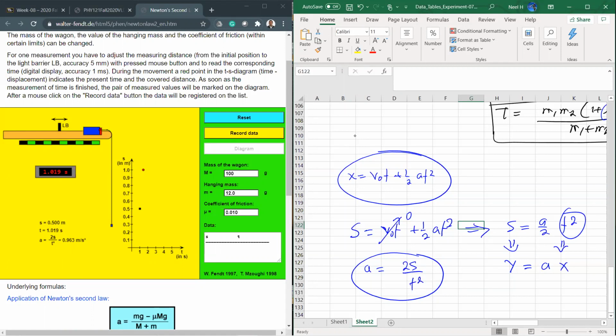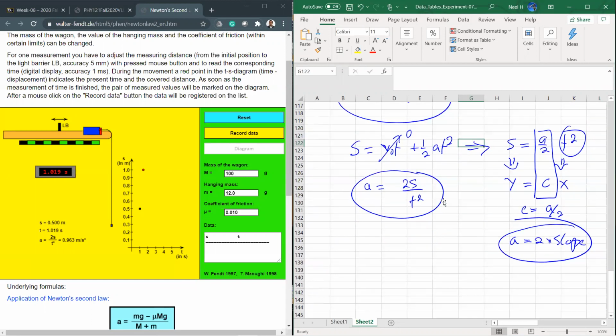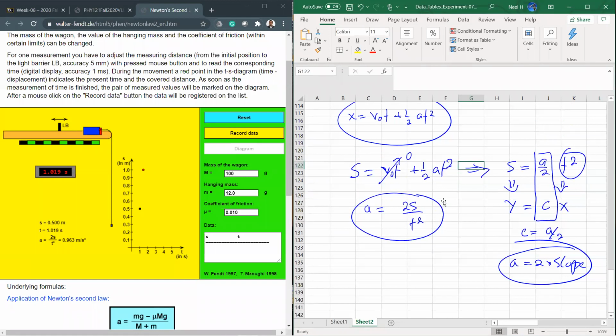Then the slope of the graph, let's call it c, should be acceleration divided by 2. Which means the acceleration I can find is 2 times the slope of the graph. That's the plan, so we can easily do that if I have a set of data.